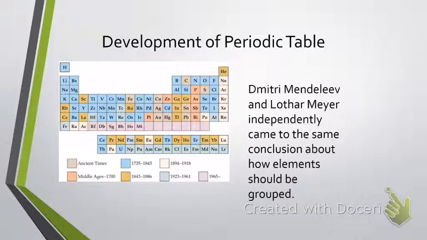They noticed that approximately, especially in the beginning, about every 8 elements, as you add in another proton, exhibit similar characteristics. So, for example, fluorine, chlorine, and bromine, the halogens, all have very similar characteristics. Lithium, sodium, and potassium, the alkali metals, also have very similar characteristics. And so they set up what we now see as the modern-day periodic table.